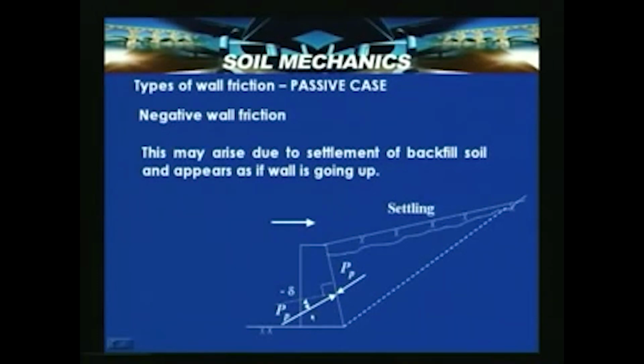Because of this, it exerts a negative wall friction and qualifies as a passive case. So, this is the case of negative wall friction in the passive case, which can occur because of the settlement of the backfill soil and appears in reality as if the wall is going up.